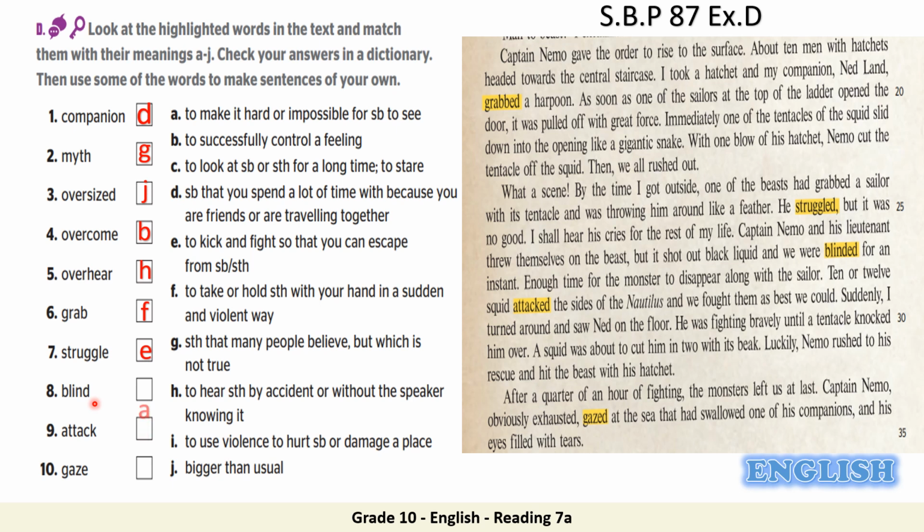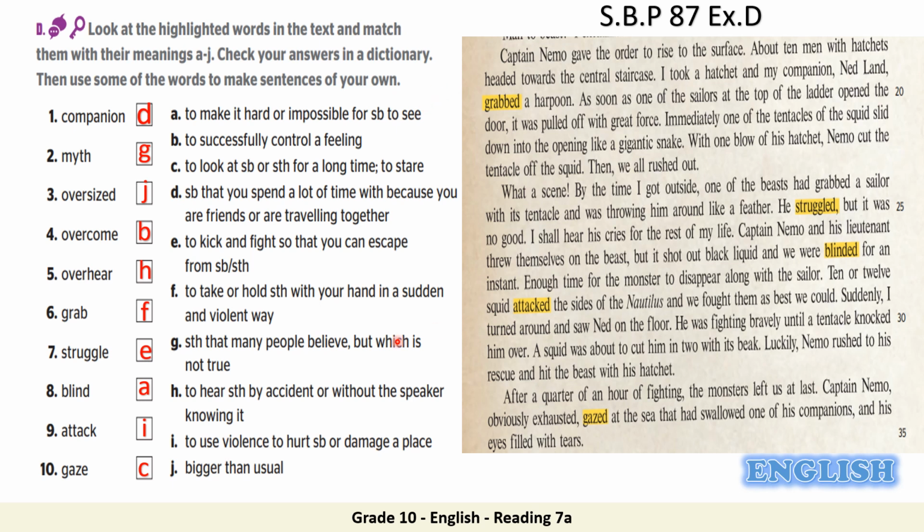That's correct. It's A, to make it hard or impossible for somebody to see. Number 9, to attack means to use violence to hurt somebody or damage a place. And finally, the word gaze, which means to look at somebody or something for a long time, or to stare.